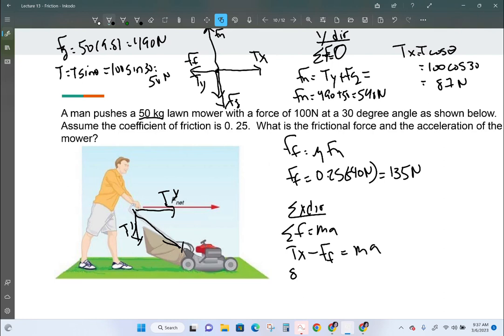So this will be 87 newtons minus friction, which we found 135 newtons, equals the mass of 50 kilograms times A. And A is going to be 87 minus 135 divided by 50, or negative 0.96 meters per second squared. It's negative because it's coming to a stop.